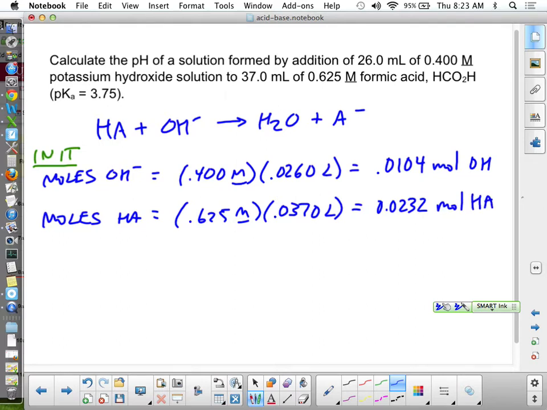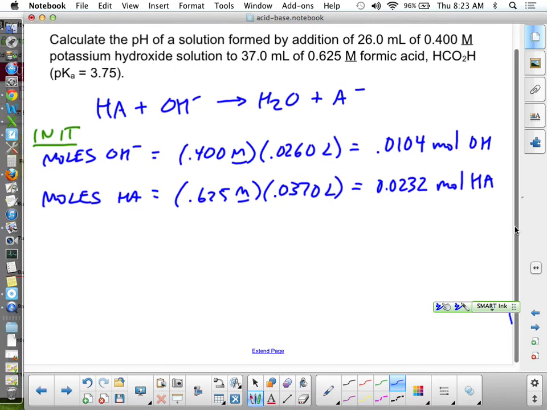Okay. To aid you in the stoichiometry, remember we had a device that we called not an ICE table but an ERF table, which basically lets you calculate how many moles remain. If that confuses you, you don't have to do it by any means, but I'll do it here. So HA, OH minus, A minus. I is the initial number of moles, which is 0.0232 and 0.0104.